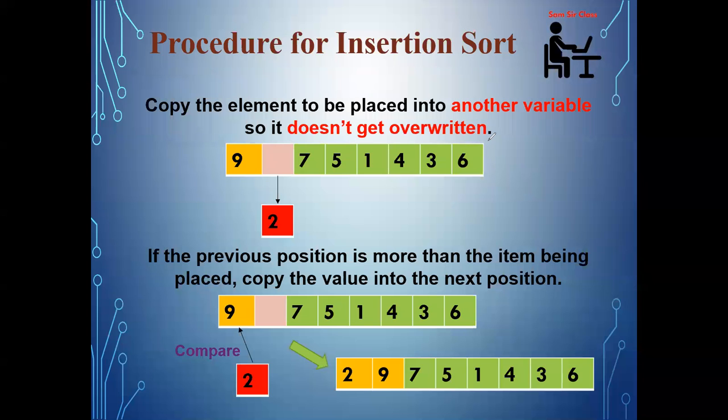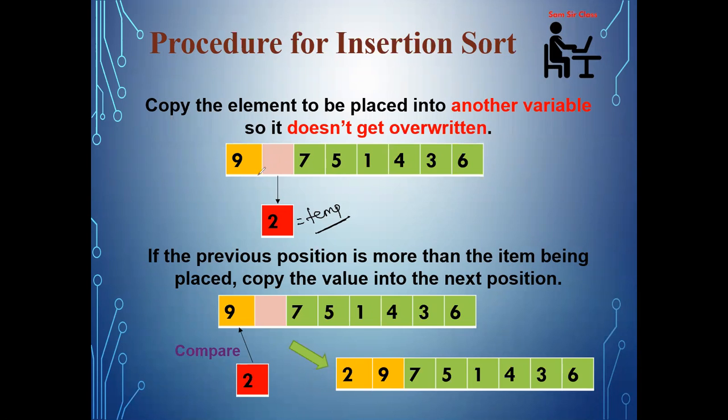First of all, I have to sort the value 2, so I am keeping a copy of the value in a temporary variable. Why? Because I have to do some shifting, and in between the shifting process I don't want this value to be overwritten.